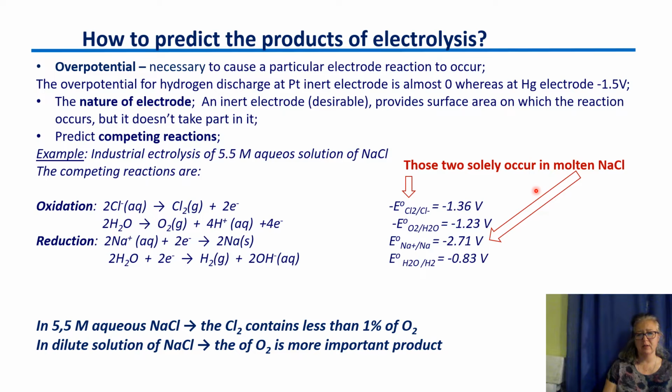The first oxidation reaction, I mean oxidation of chloride to chlorine, and the first reduction reaction, reduction of sodium cations to metallic sodium, solely occur in molten salt only.